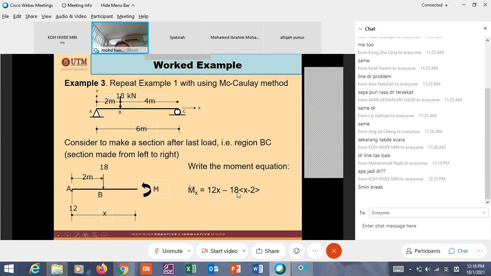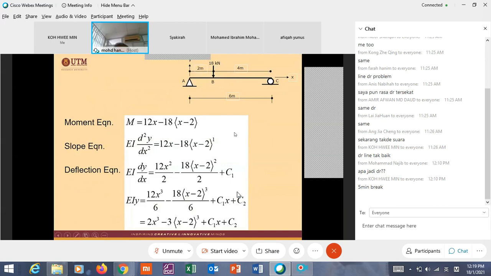Okay, so this is the formula. Mx equals 12x minus 18 times x minus 2. Do you know this one? What is this? This is not a bracket.